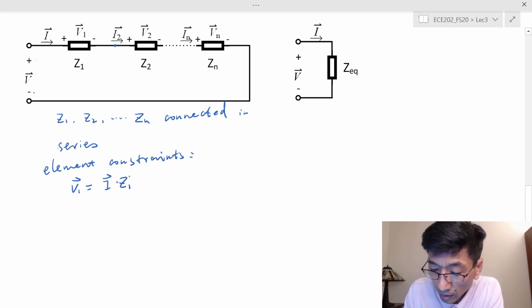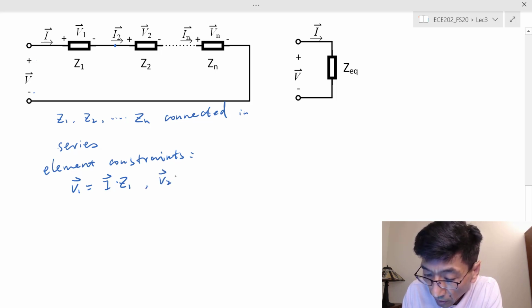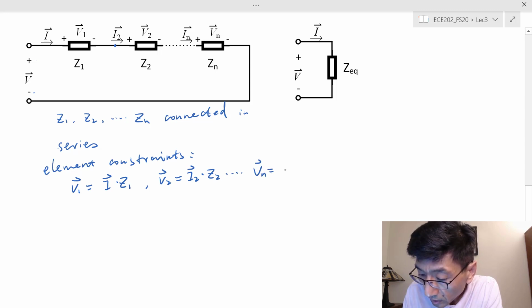V1 and I follow the passive sign convention. So we have V2 equal to I sub 2 times Z2, and we can do this up to Vn, which is equal to I sub n times Z sub n, right?